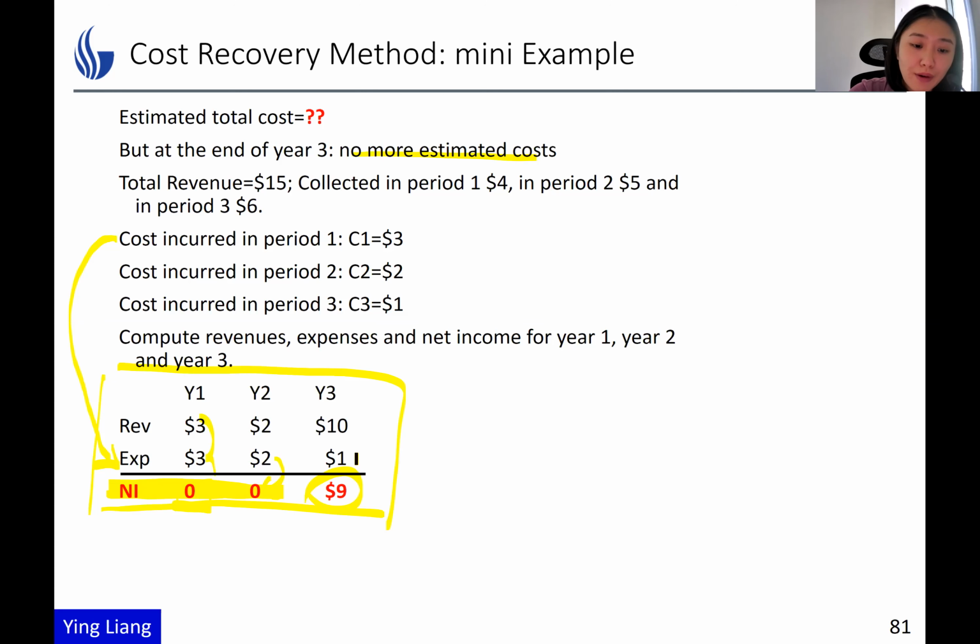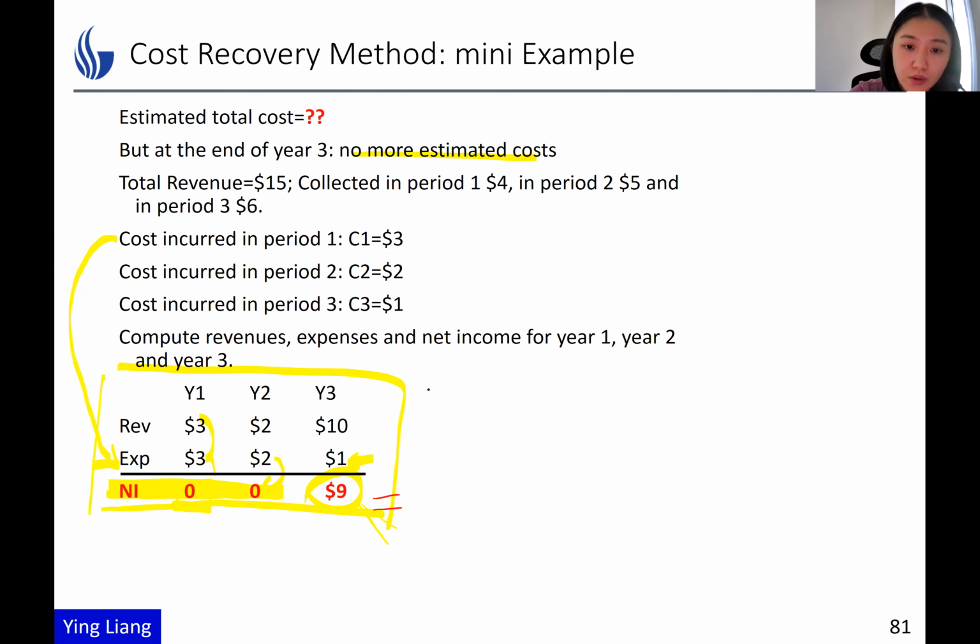Lastly, we have a 1 for year 3. And we know that we're going to have the net income be 9. How do we get the 9? I need to change the color. Pen, and then red.